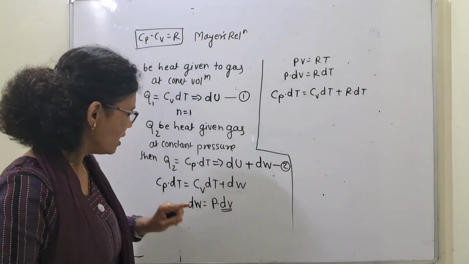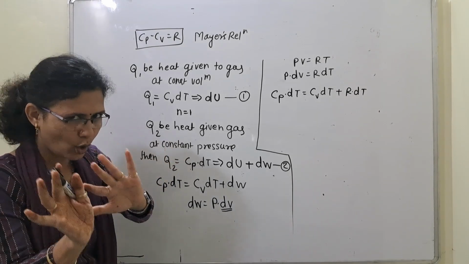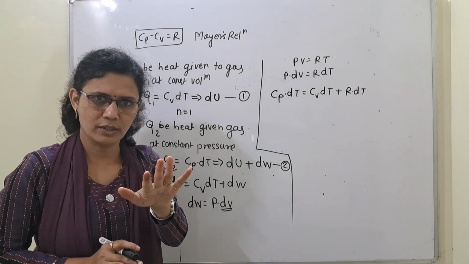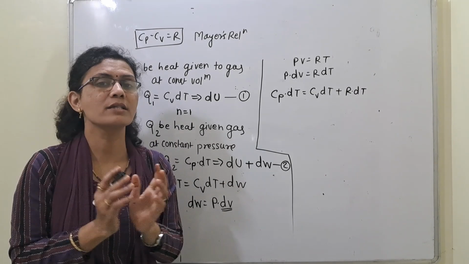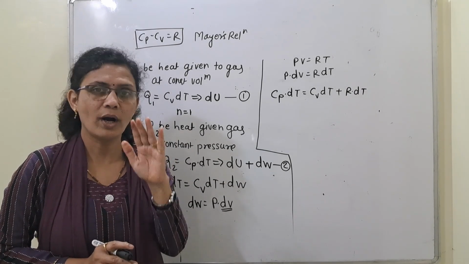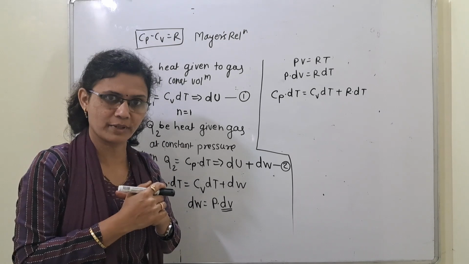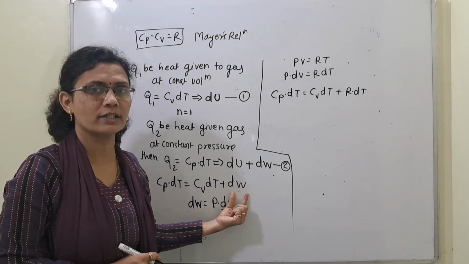Are you getting this? We have taken Q2 as the heat supplied at constant pressure, and we know that at constant pressure, the supplied heat is used for two things. One, to increase the internal energy or the temperature of the gas, and some amount of heat is used to do some work.